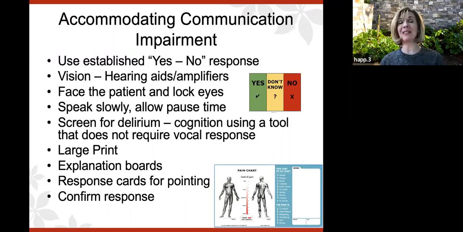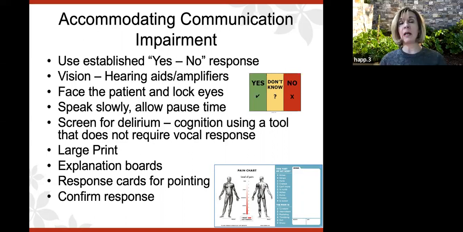So establishing a clear yes, no response, which may be head nods, but maybe something else if the patient is not able to reliably use head nods. And so like thumb up, thumb in fist, or eyes up, eyes shut tight.